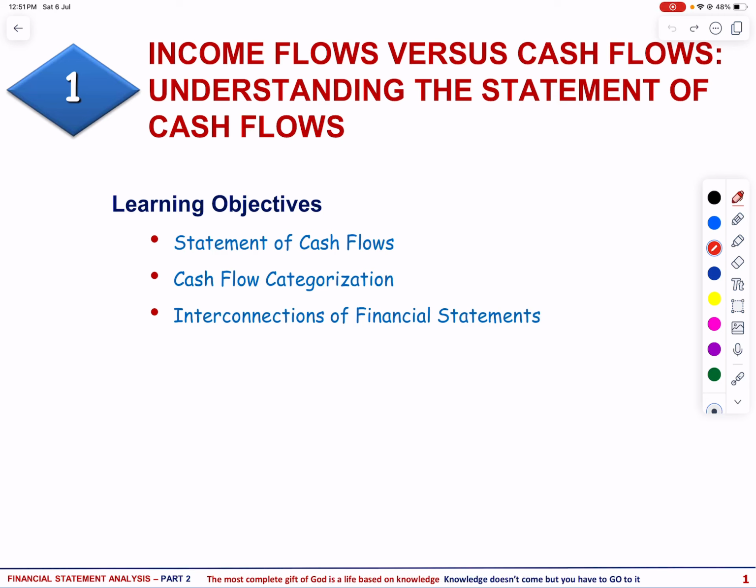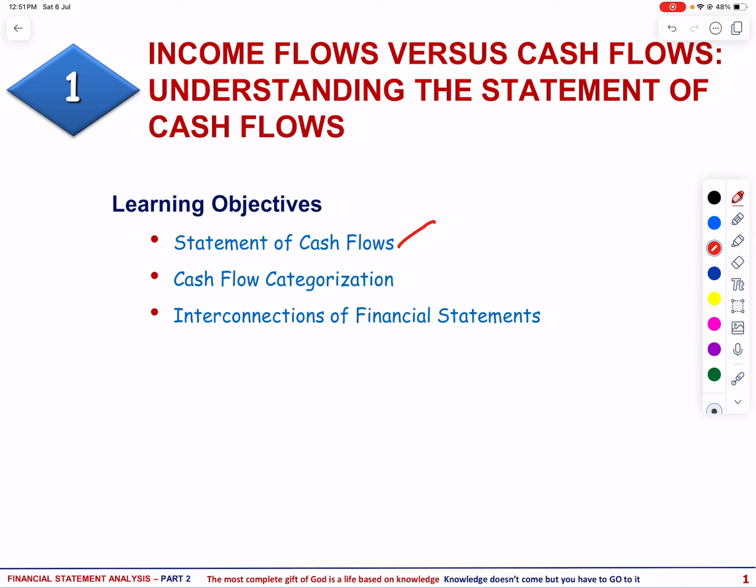Bismillahirrahmanirrahim. This is the first video on income flows versus cash flows, and in this video we will talk about a statement of cash flows, essential under both US GAAP and IFRS along with the balance sheet and income statement.